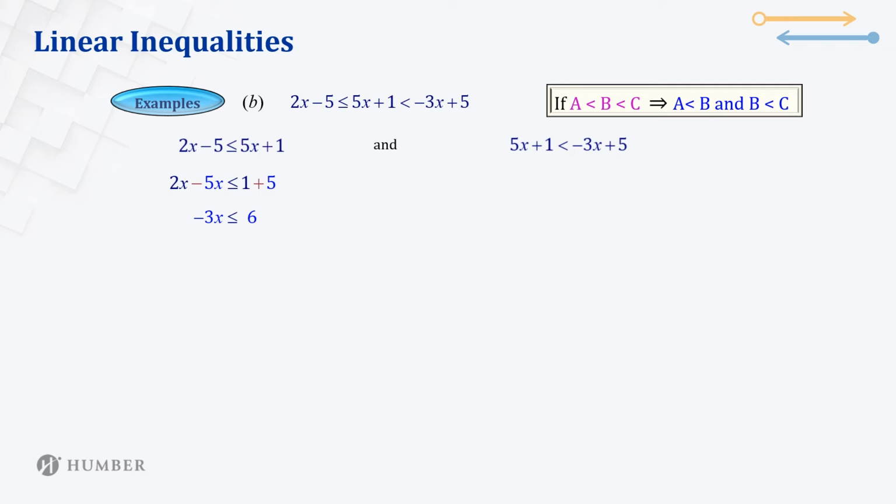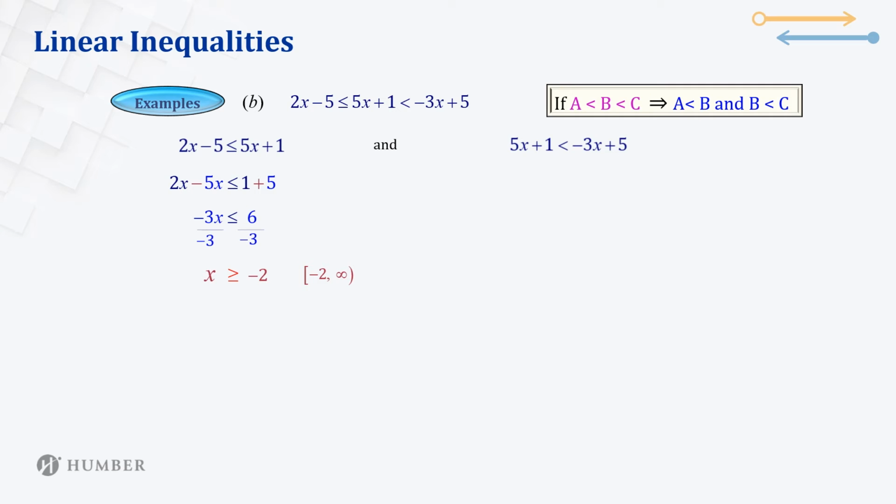We then divide both sides by negative 3 to isolate the x on the left side. Since we divided both sides by negative number, we need to remember to change the direction of inequality symbol. The answer from first inequality is as shown.